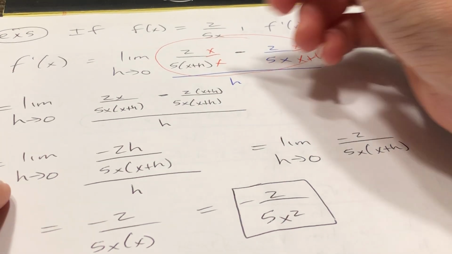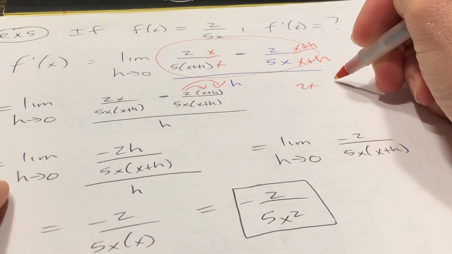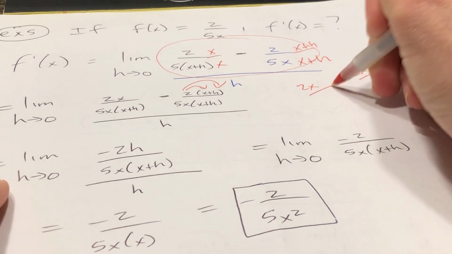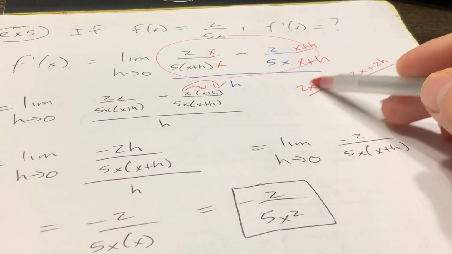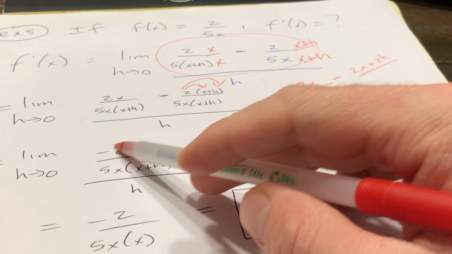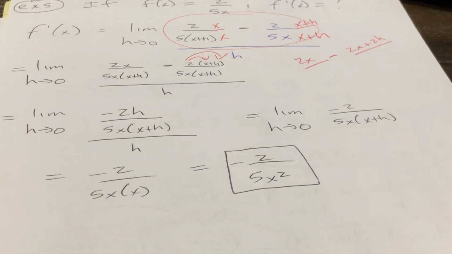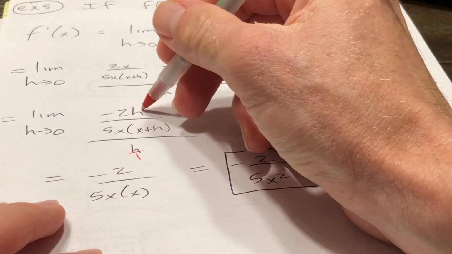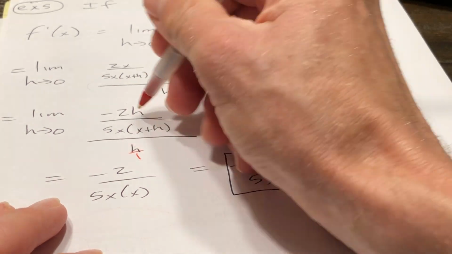And now here's what's going to happen. It's going to be a minus 2x, all right, so you're going to subtract the 2x, and you're also subtracting the 2h. So the 2x's are going to cancel, leaving you with a negative 2h over this common denominator, which is great because it's really h over 1. So this is the numerator of the numerator, and this is the numerator of the denominator.